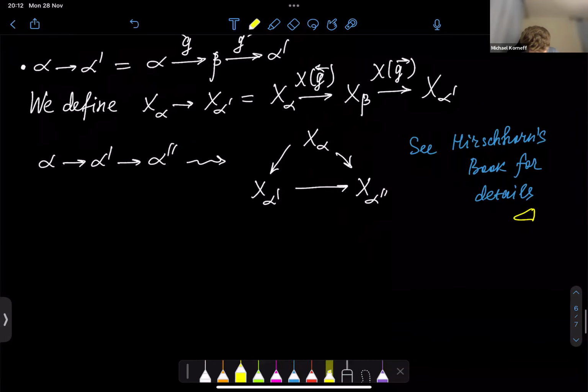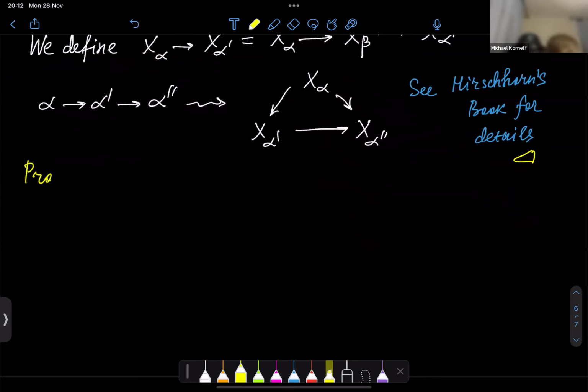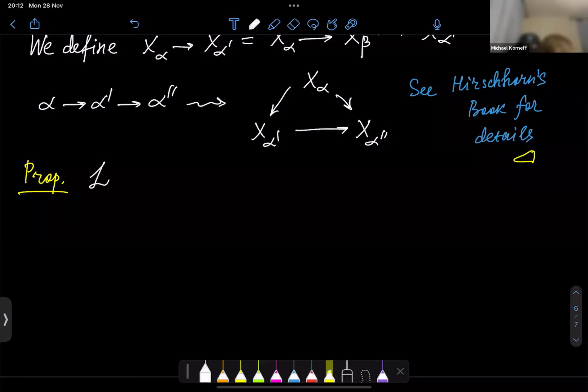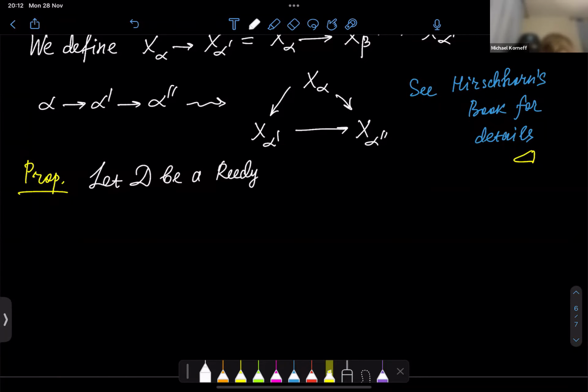Okay, consider the following proposition. Let Z be a Reedy category and alpha be an object of Z of degree n.